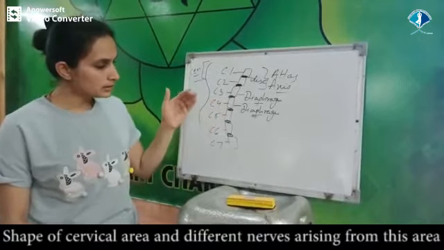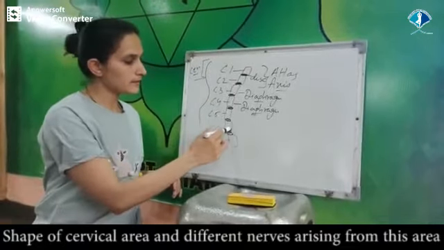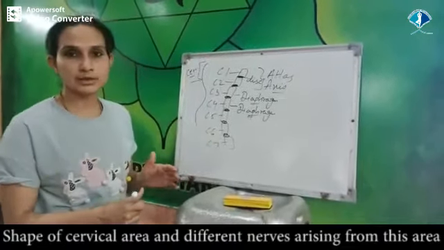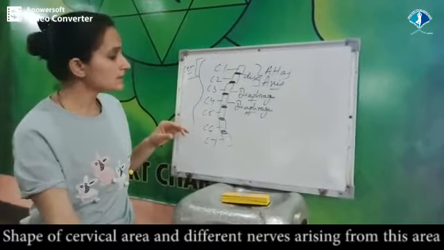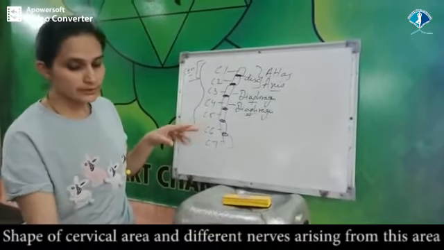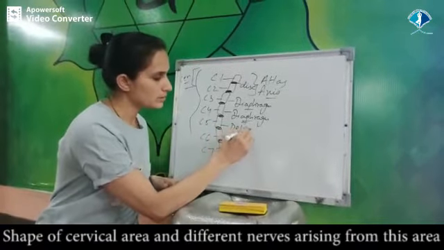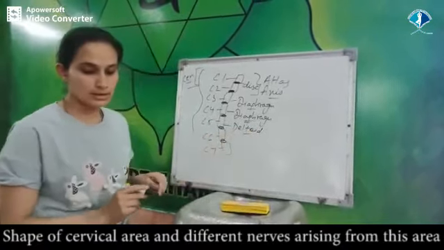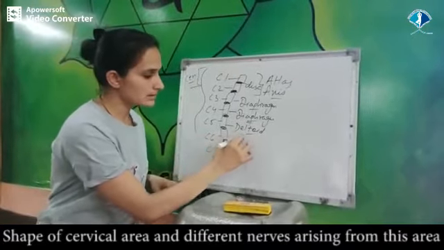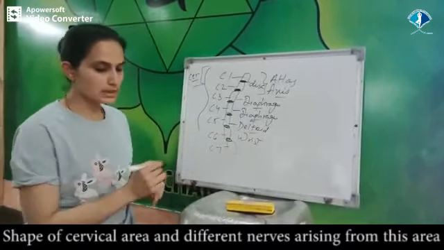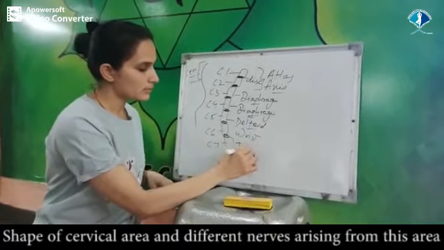So let's talk about the other vertebrae here, like C5, C6, C7. The C5 vertebra is for the stimulation of your deltoid muscle, your C6 is for wrist muscles, and your C7 is for triceps.